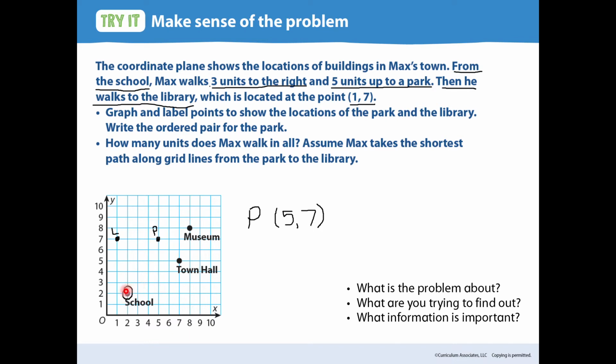So starting at the school, we'll count 1, 2, 3, 4, 5, 6, 7, 8. So it's 8 units from the school to the park. And then from the park to the library, we have 9, 10, 11, 12. So all together, Max is walking 12 units.